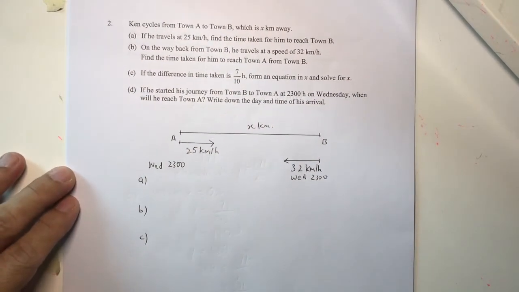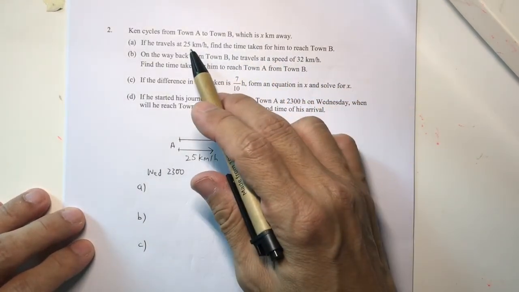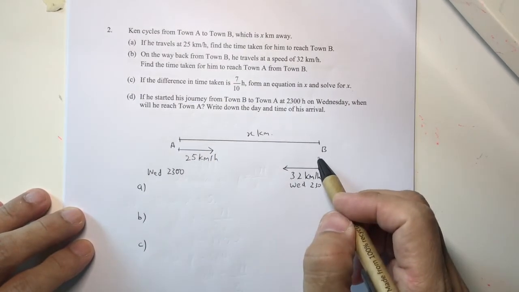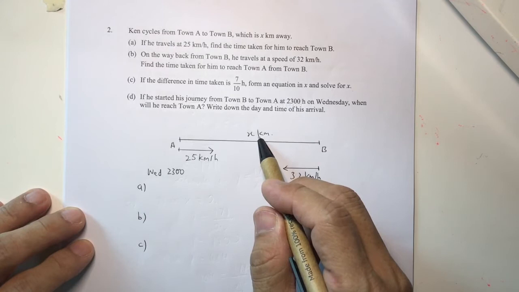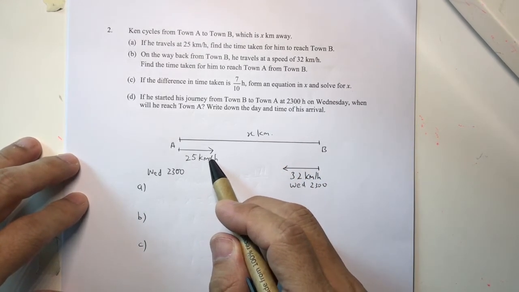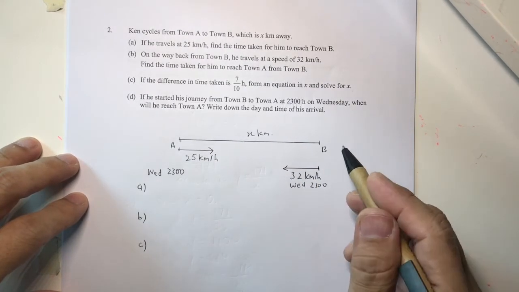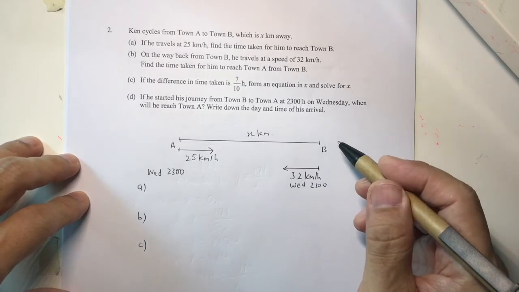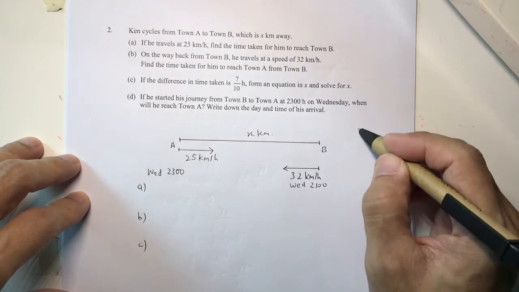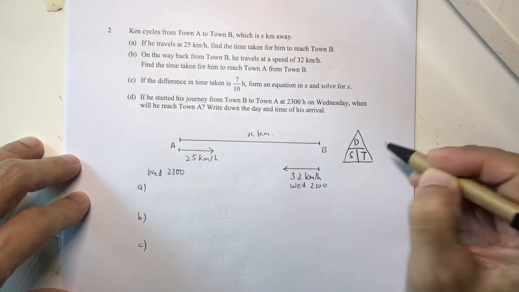In the next question, we have a sum on speed, and we are given that Ken cycles from town A to town B, which is x kilometers away. If he travels at 25 kilometers per hour, find the time he takes to reach town B. Now, this will be in terms of x, because the speed is distance over time.